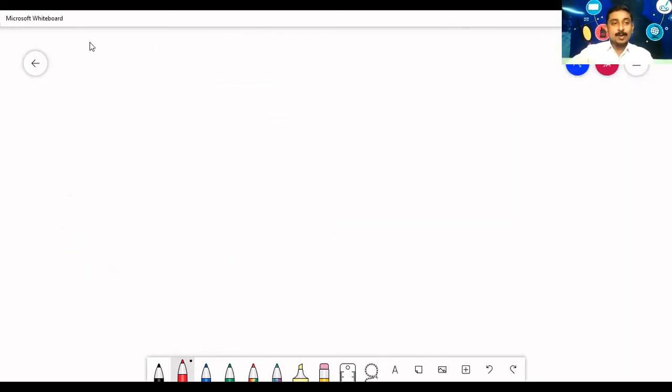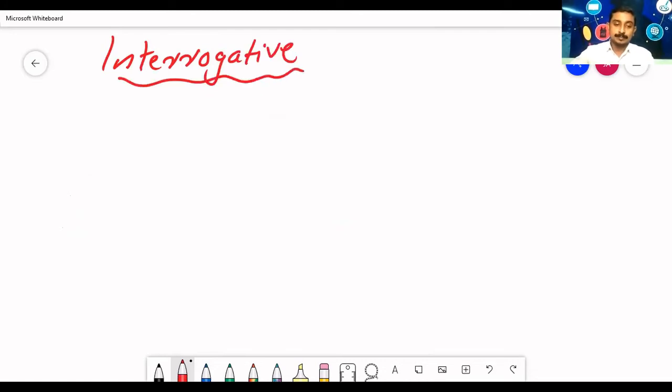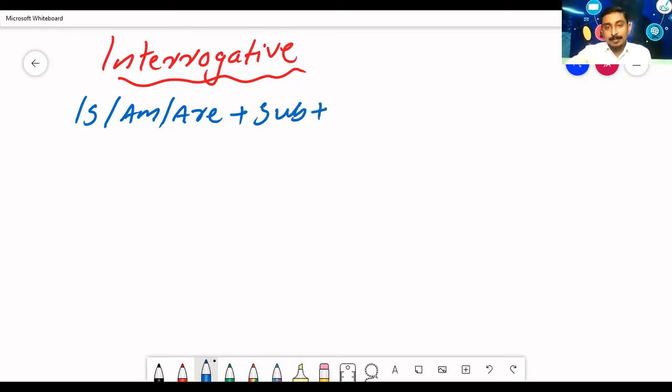Now let us see interrogative or question. As you know, interrogative sentences should start with an auxiliary verb or a WH question. So we should start with is or are, plus subject plus V1 plus ing plus object, and the most important thing is the question mark.